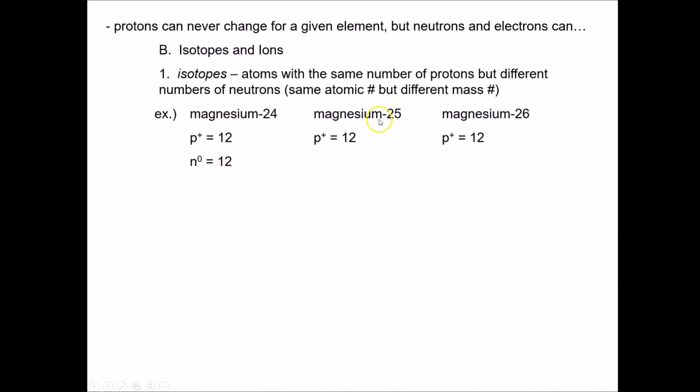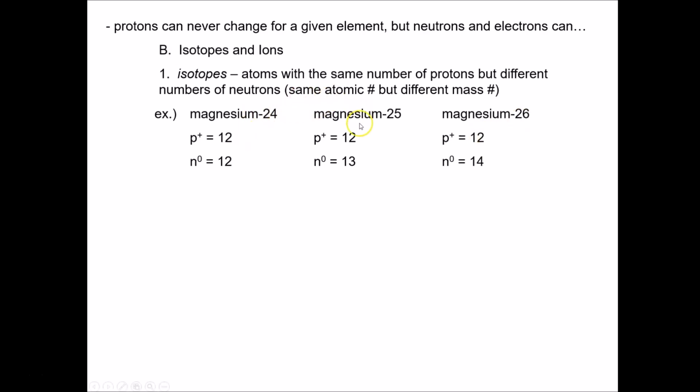How many neutrons does magnesium-25 have? Well, what's 25 minus 12? That's 13. So this magnesium isotope has 13 neutrons. And of course, then this magnesium isotope, 26 minus 12 is 14. So it has 14 neutrons.